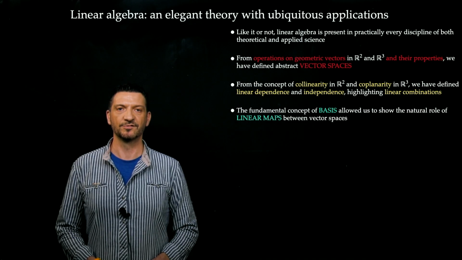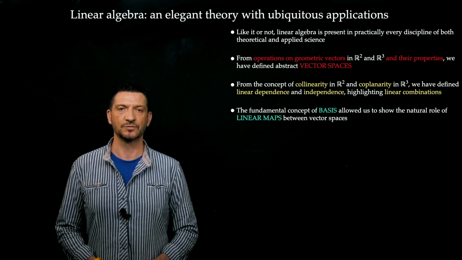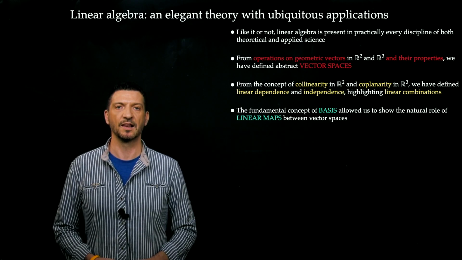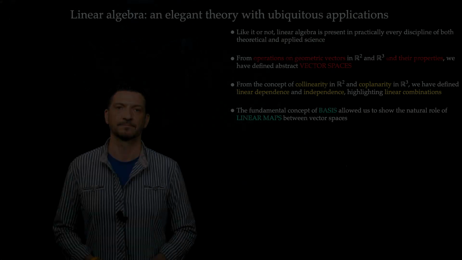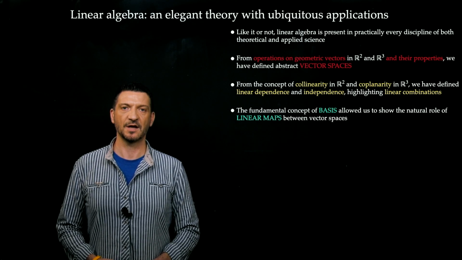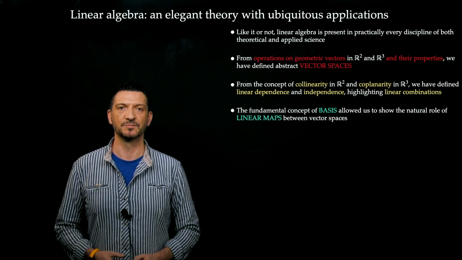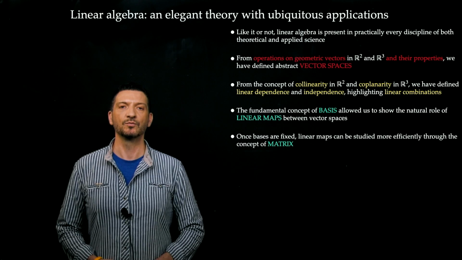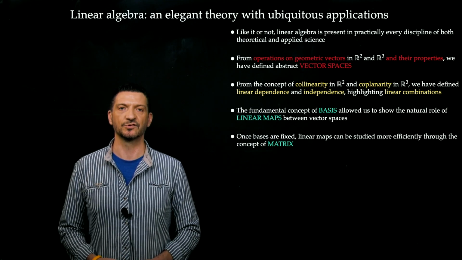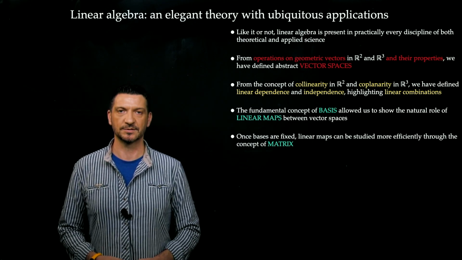In turn, the concept of linear independence mixed with that of family of generators led us to build a basis. Then the concept of basis allowed us to underline the natural role of linear maps between vector spaces. Then we have seen that we can uniquely associate to a linear map a matrix.